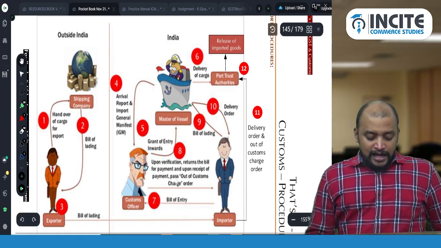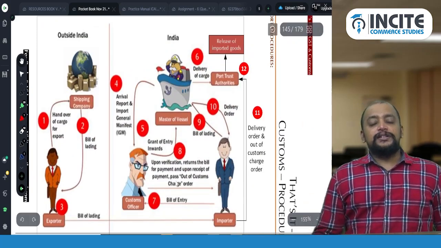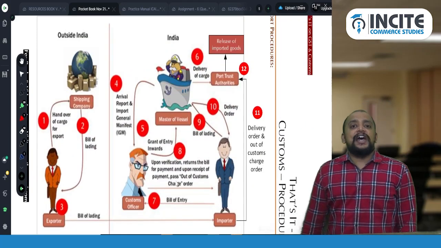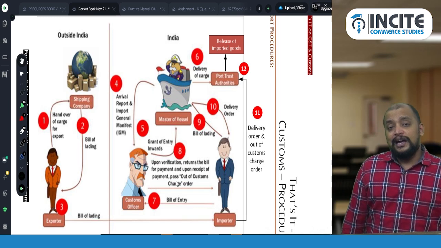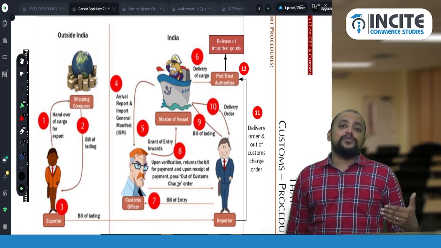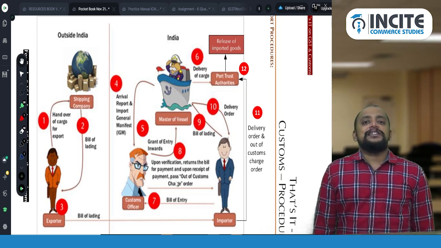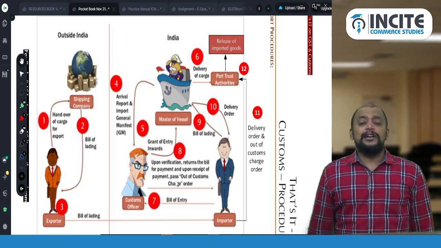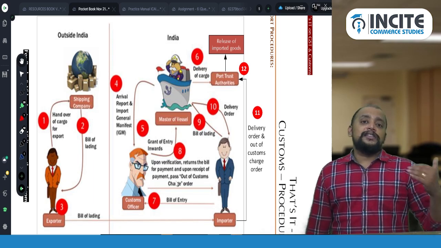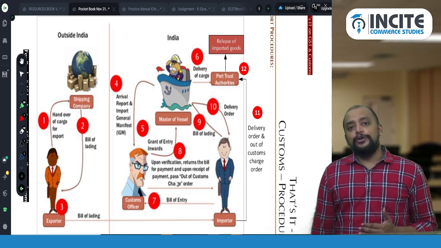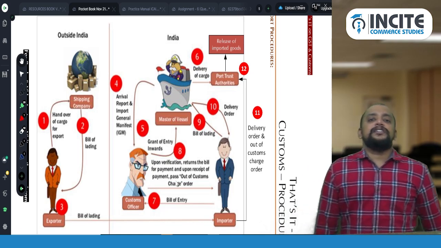Now the import manifest. The person in charge in case of aircraft will be the pilot, and the import manifest will be replaced with the arrival manifest. In case of vehicle, the person in charge will be the driver or conductor or guard, and that person will file the import report. In case of vessel, it is the import manifest.